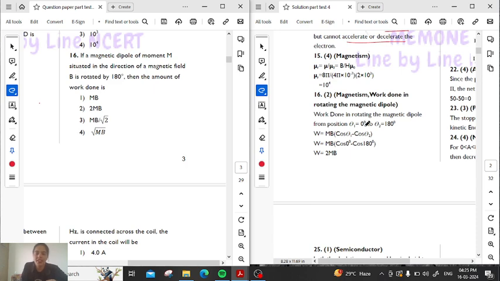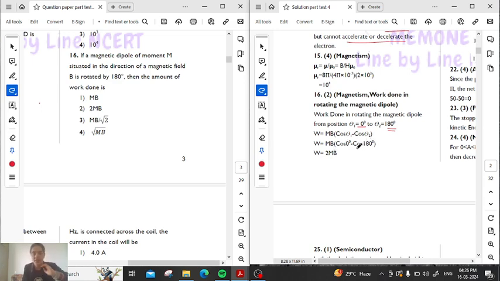So we have theta 1 as 0 degrees, theta 2 as 180 degrees, because like I told you, suppose this is my pen, initially like this, having the angle 0 degrees. Now it moves from this to this, the angle will become 180 degrees, right? So theta 1 is 0 degrees, theta 2 is 180 degrees, and work done is mB cos theta. Now we have a change in theta, so we can write cos theta 1 minus cos theta 2.